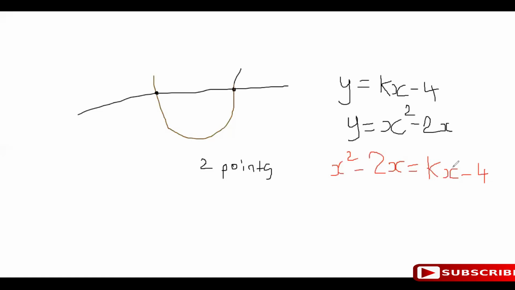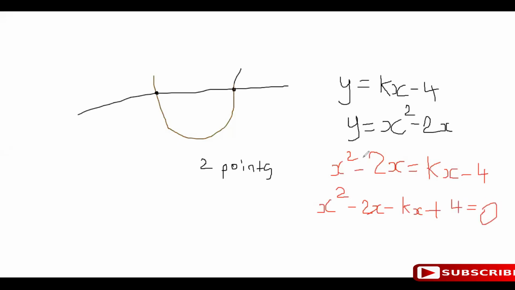So now we can bring everything on one side to get x squared minus 2x minus kx plus 4 is equal to 0.